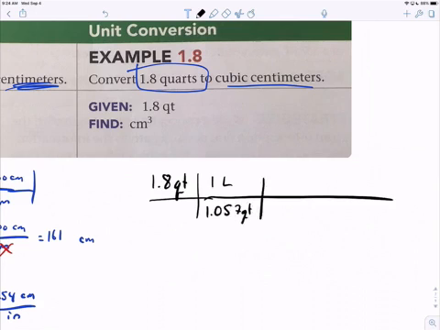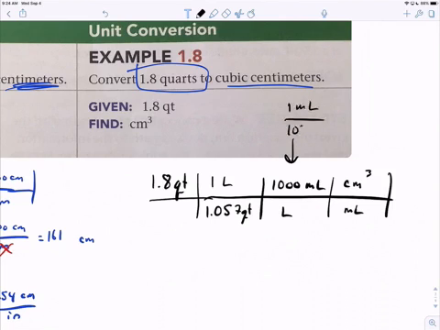1.057 quarts, and I would normally skip this step. The book is doing this a really weird way. What the book did in this step was put 1 milliliter to 10 to the minus 3 liters.